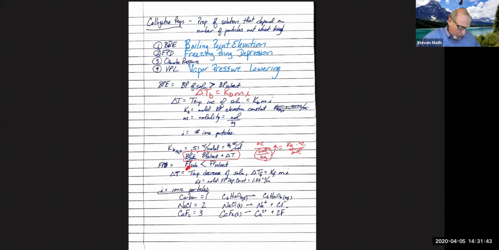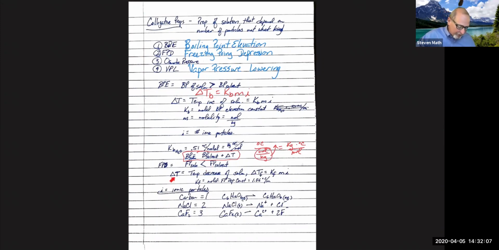The freezing point is always going to be less than that of the pure solvent. So in our case, if we're using water, the freezing point of water is 0. When we throw a solute into it to make a solution, that solution is always going to freeze at a negative temperature. It'll be 0 minus whatever our delta T is. That'll give us a negative freezing point.